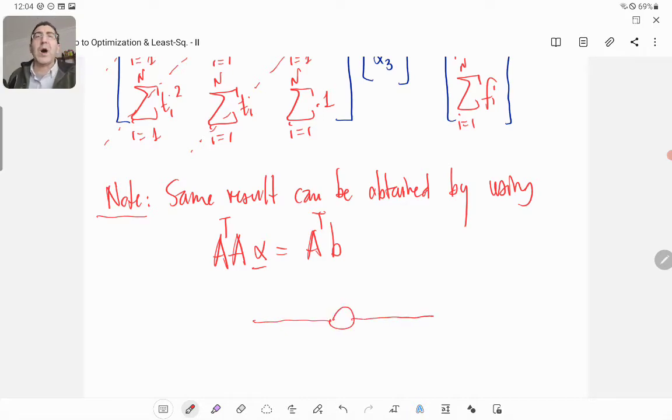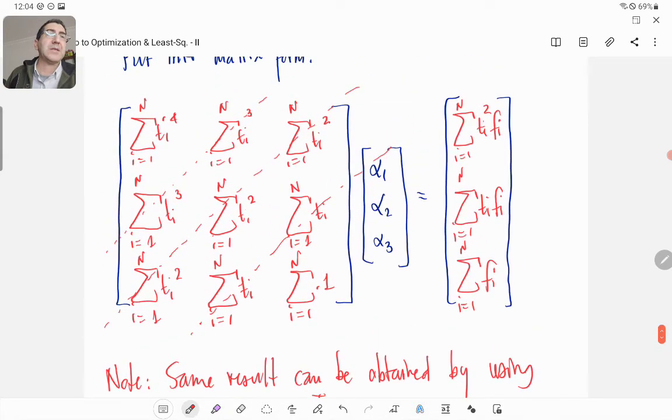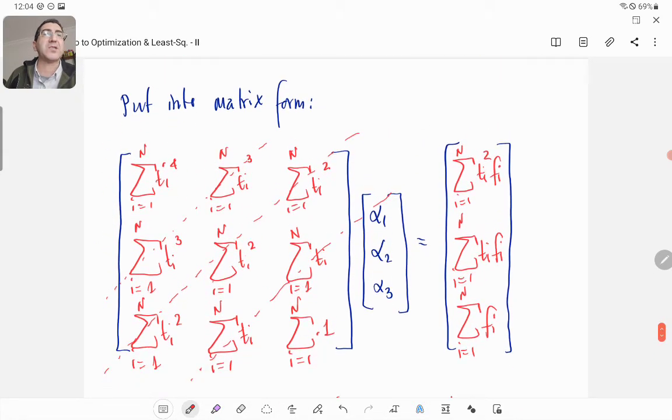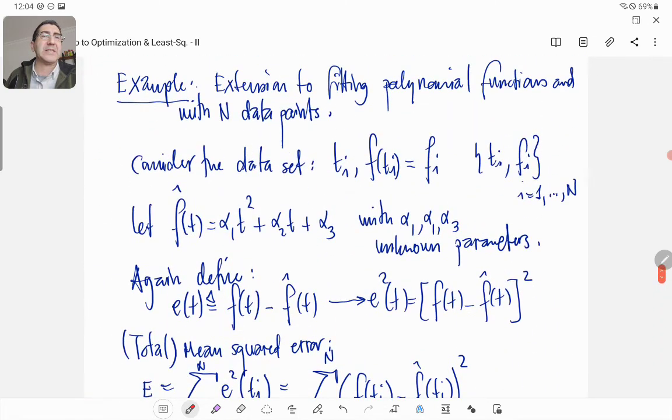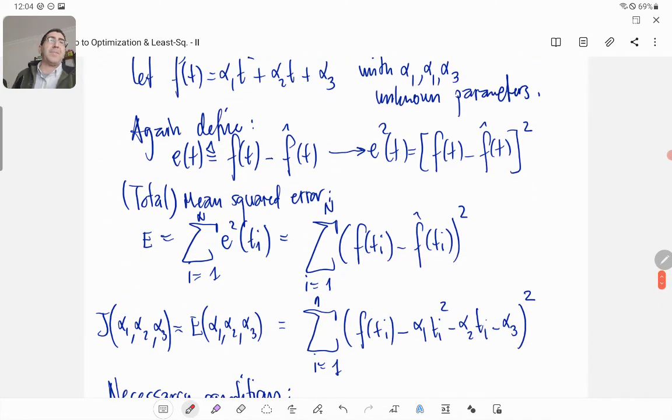So this is why this method is called the method of least squares, because you can see that everything is based on defining the squared error and actually finding the minimum of that.